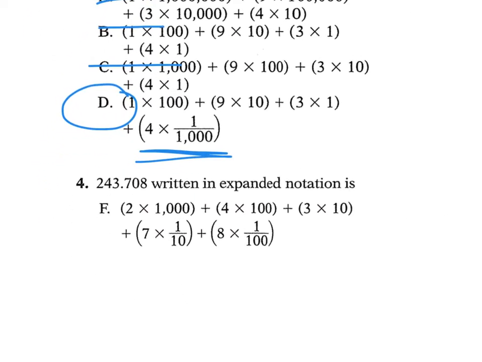Next, we have number 4, so 243 and 708 thousandths.